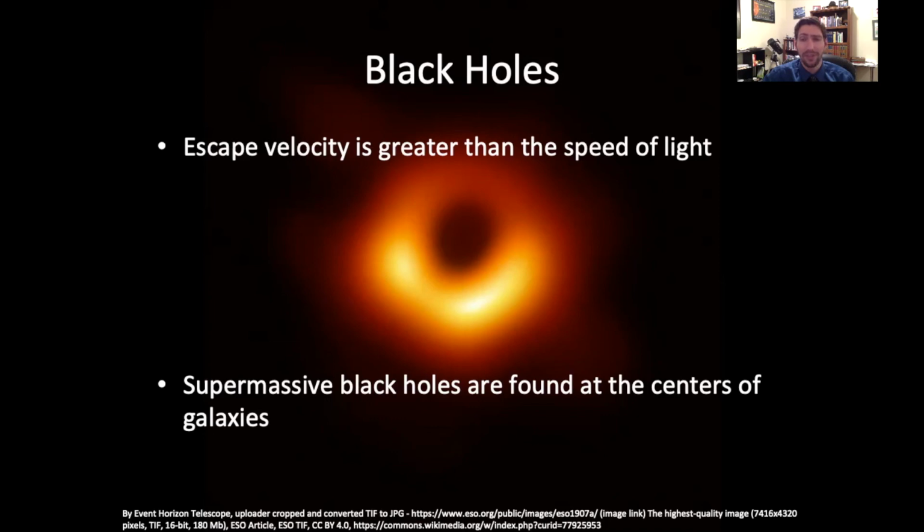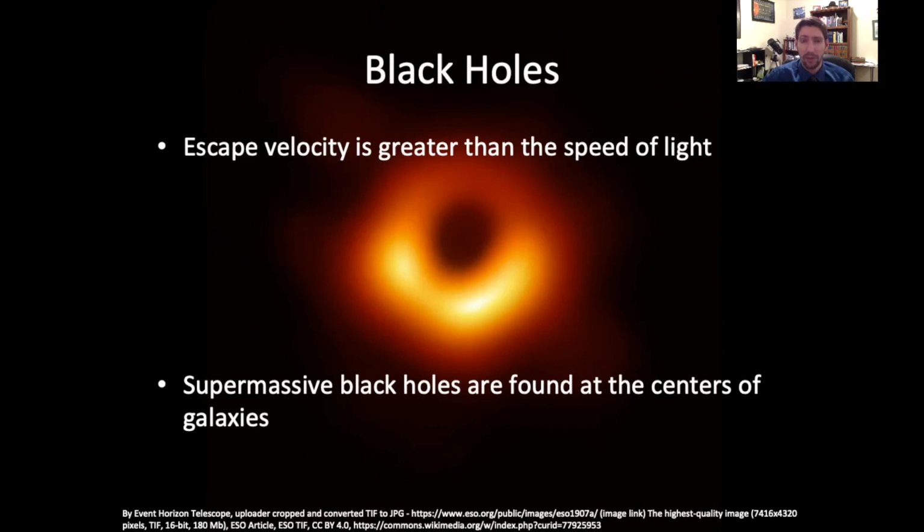Their temperature is slightly above absolute zero, and by Hawking radiation, they emit energy so they can eventually evaporate after approximately 10 to the 67 years, if the universe even lasts that long. LIGO has detected gravitational waves from several black hole mergers, and the first direct image of a black hole was published in 2019 and is the background of this slide.